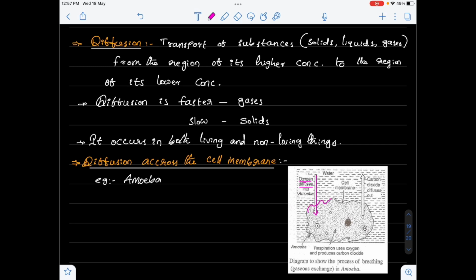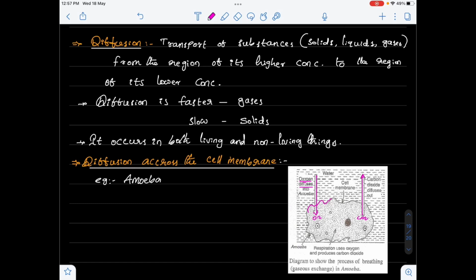And at the same time, whatever carbon dioxide is produced in cellular respiration, its concentration inside the cell cytoplasm is higher. So this carbon dioxide passes across the plasma membrane of this amoeba from its higher concentration to lower concentration.